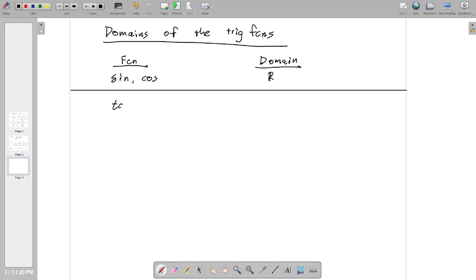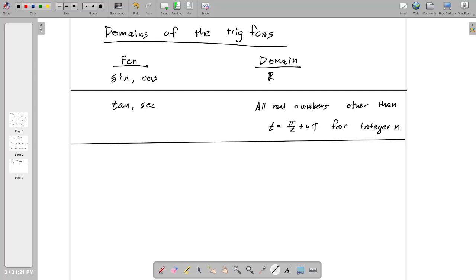Tangent and secant, on the other hand, have a limited domain. It's all real numbers other than t equals pi divided by 2 plus n pi for any integer n. And I'm going to get into this in a second and explain it, but for right now, let me finish the cotangent and cosecant.